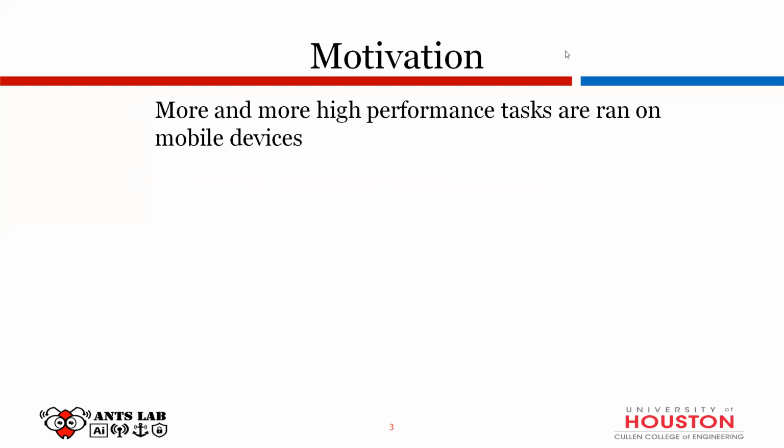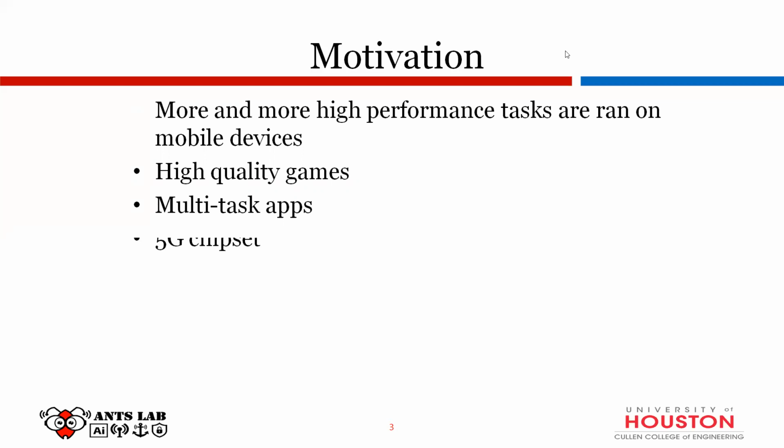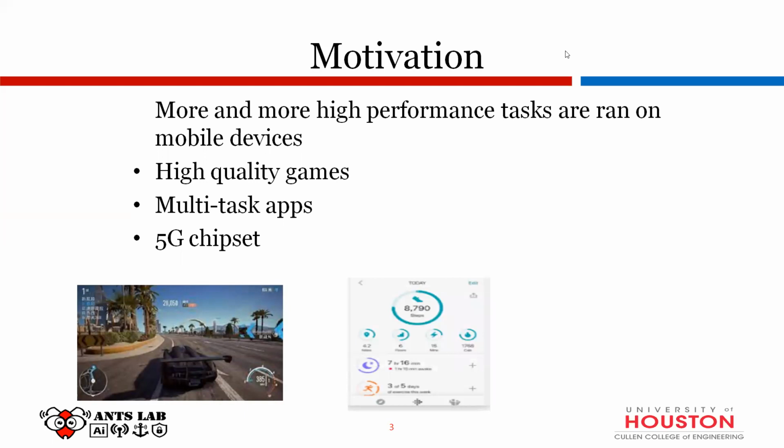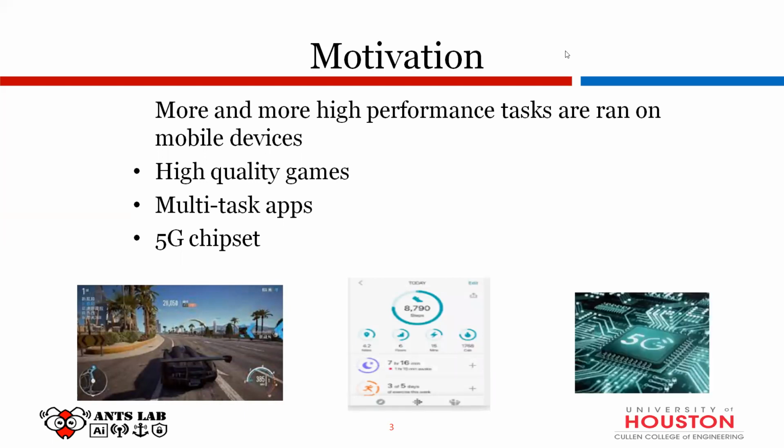For example, you can think of some high quality mobile games, like race cars or fighting action games, multitask apps that are installed in your devices, or more 5G chipsets. All of those are very high performance tasks that require better operation of those mobile devices. So here are the examples of what I've just mentioned above.